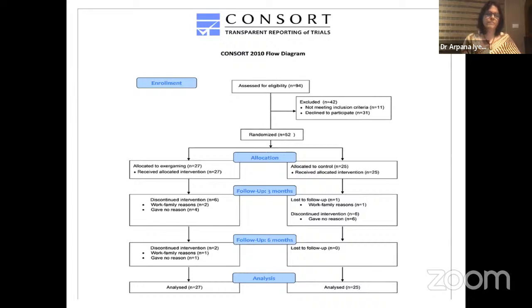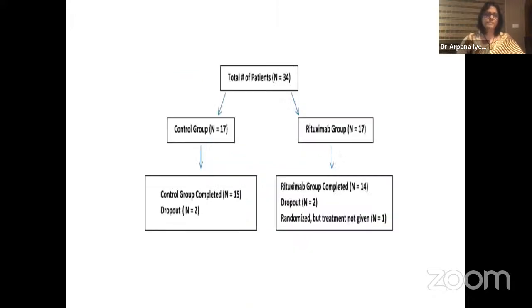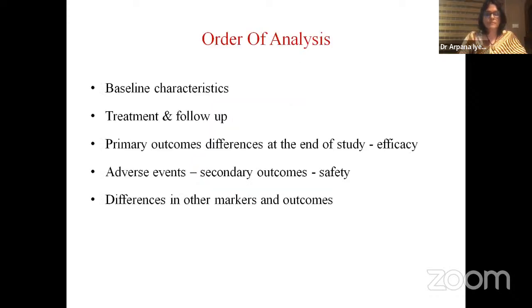When I applied the same flow diagram, which is mandatory for any good RCT, to the flow diagram given in the trial, as you can see here, there are no specific reasons why there were dropouts. What was the reason for dropout? And also there was no follow-up period mentioned in the flow diagram. So all my excitement tapered down, and I started to analyze the results more strictly.